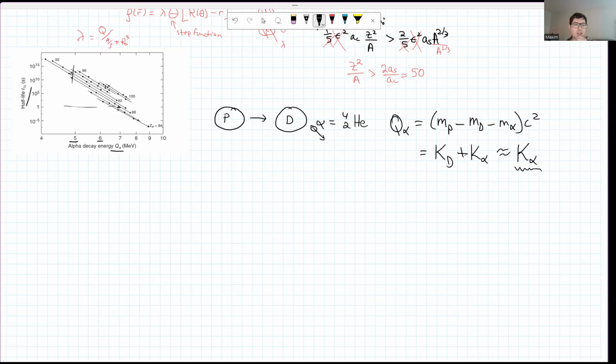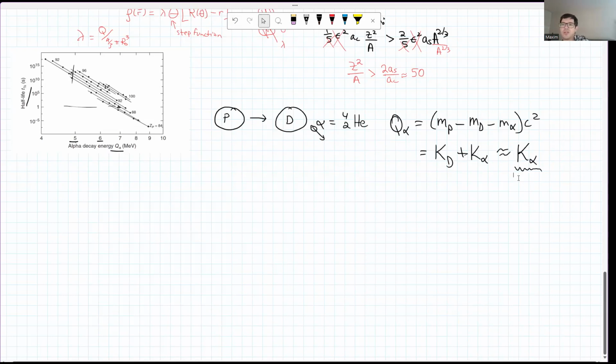Now let's think about this. If this is the kinetic energy of the alpha, it means we're getting kinetic energies of 5 or 6 MeV, which seems like a common alpha particle energy. Does it make any sense?